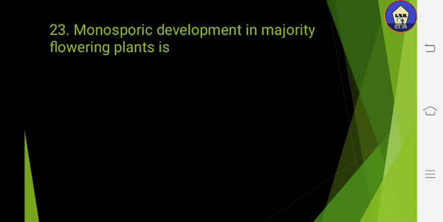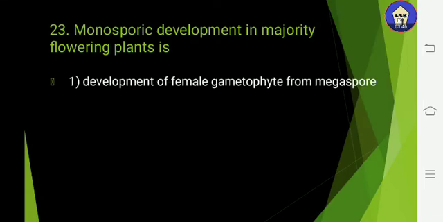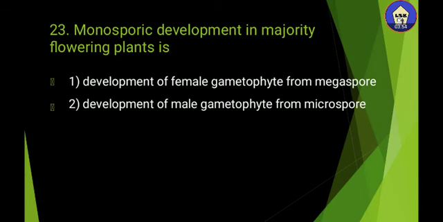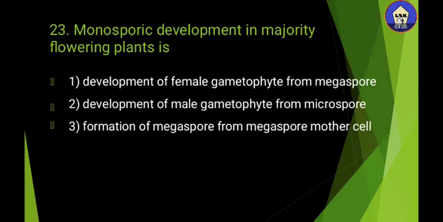Now, question number 23. Monosporic development in the majority of flowering plants is. So what are the options? Option 1. Development of female gametophyte from megaspore. Option 2. Development of male gametophyte from microspore.